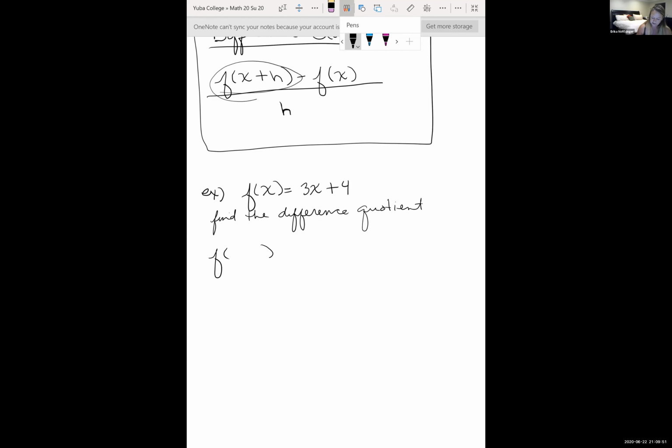And so if we wanted to look at f of x plus h, wherever we see an x, we're going to replace that with x plus h. And so first rewrite it 3. Let's put a parentheses wherever we see the x plus 4. So this is telling me take x plus h and plug it in wherever I saw that parentheses.